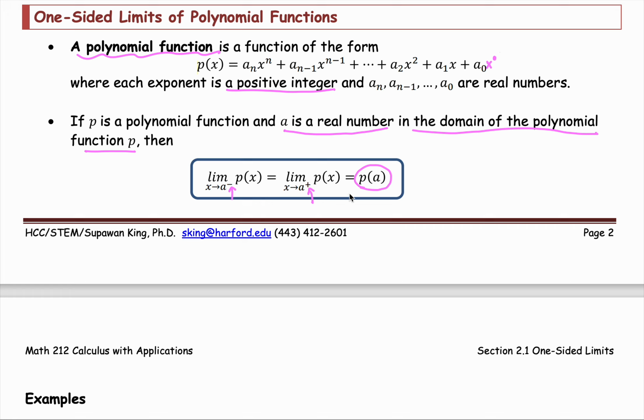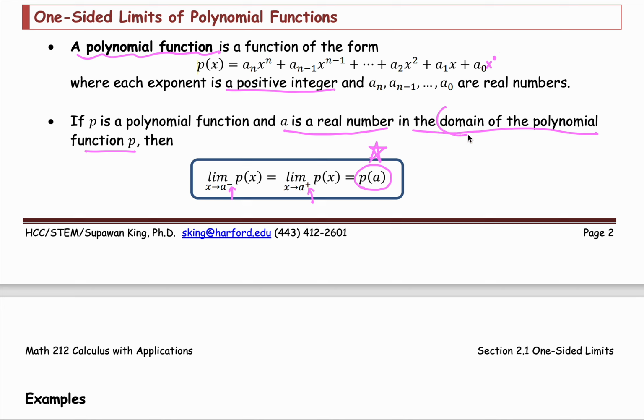In another way, the polynomial function value is the same as the left-sided limit and the right-sided limit. When we compute the one-sided limits of the polynomial function, we find it by finding the value of the polynomial function at that point a.